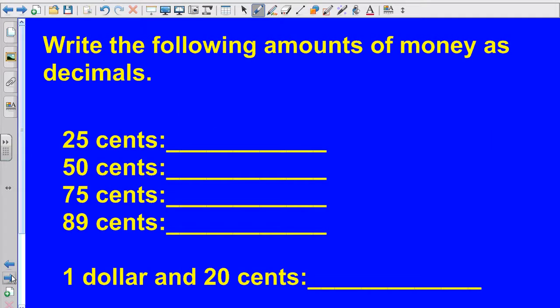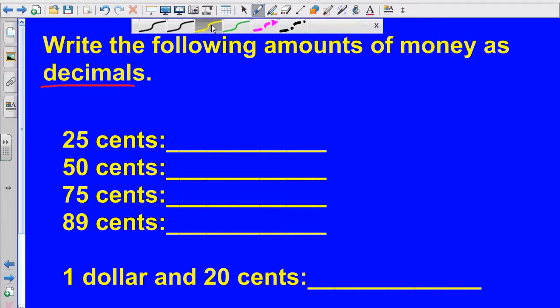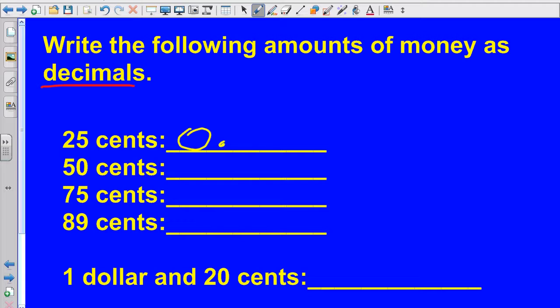What do you think we would use, or how do you think we write down 25 cents, Katie? Okay, sorry, Meg. How would you show 25 cents as a decimal? As a decimal. That's why it says right here as a decimal. 0.25.